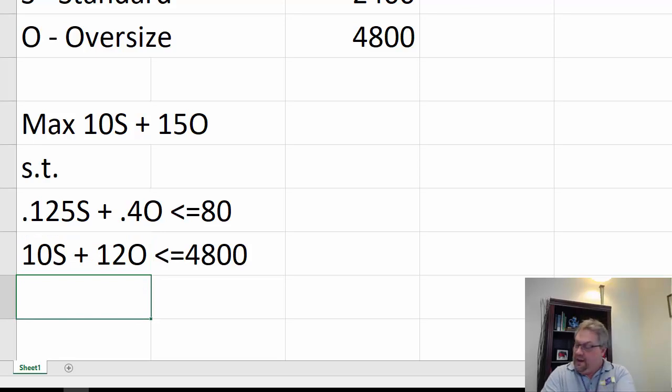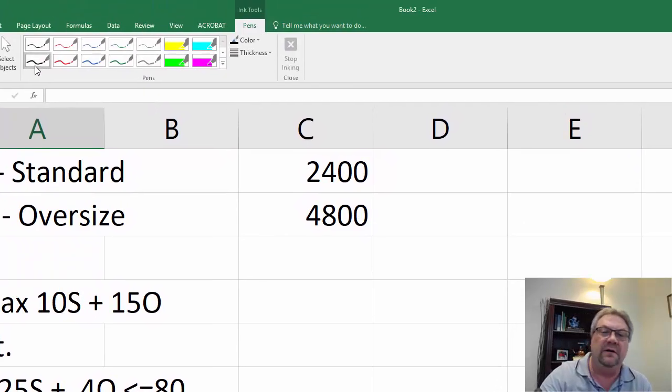And then the last constraint. Management specified that at least 20% of the total production must be the standard size racket. This is a constraint similar to the one in question 50.